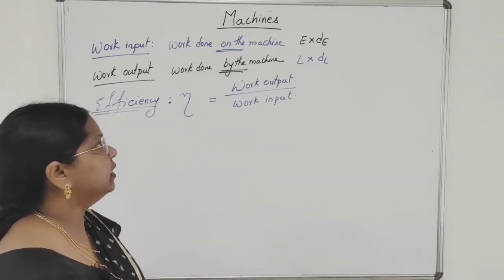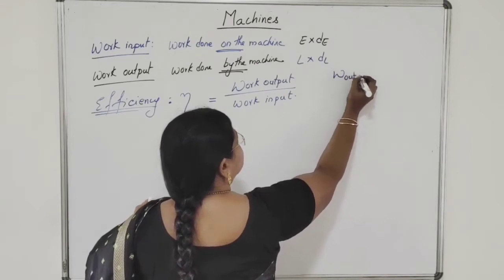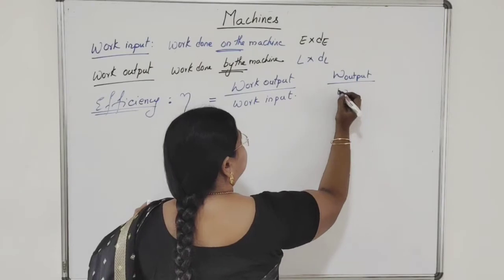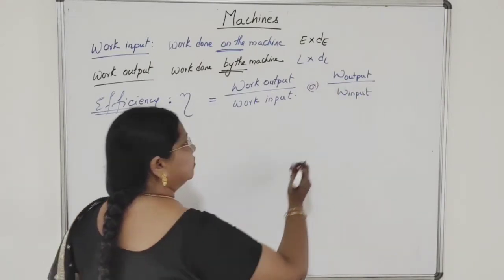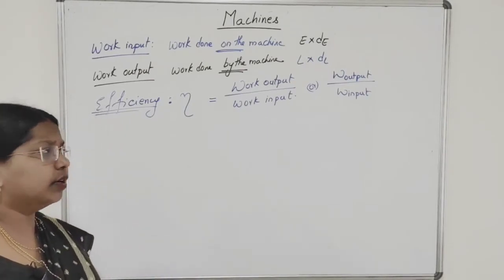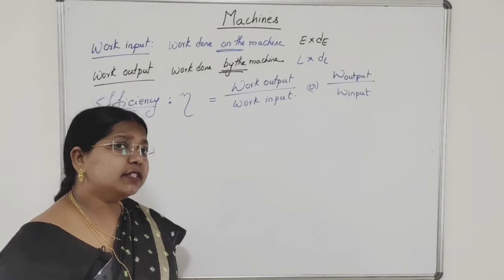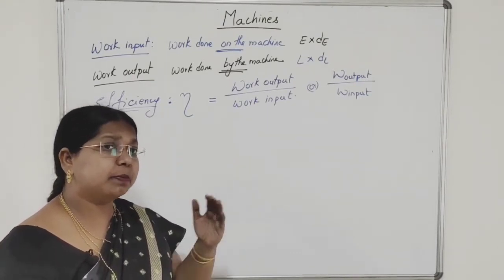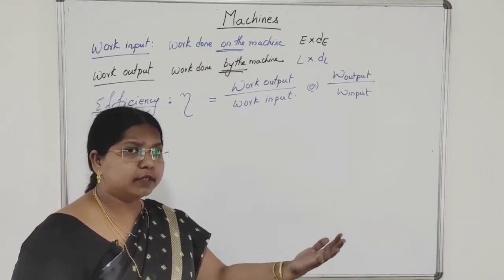Or we will denote it like this: capital W with suffix output, by capital W with suffix input. Work output by work input. Always remember, efficiency is expressed in percentage: 60% efficient, 40% efficient, 100% efficient.